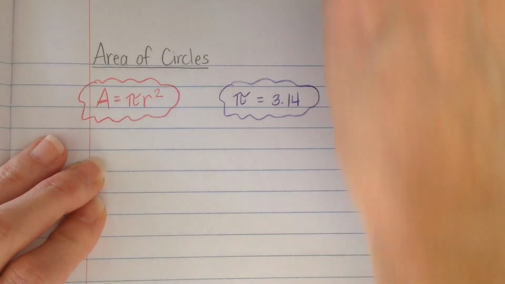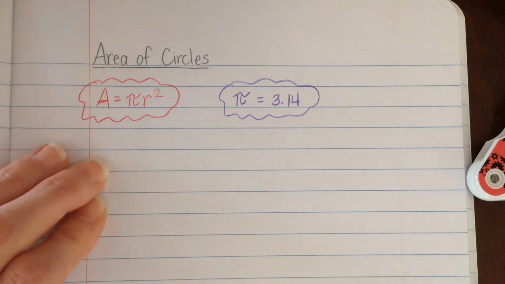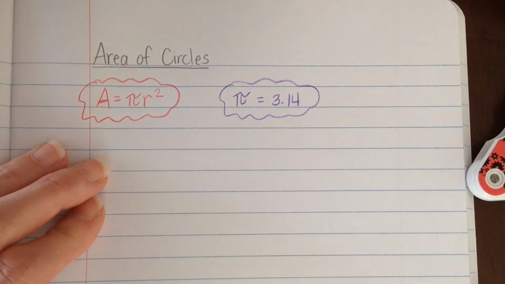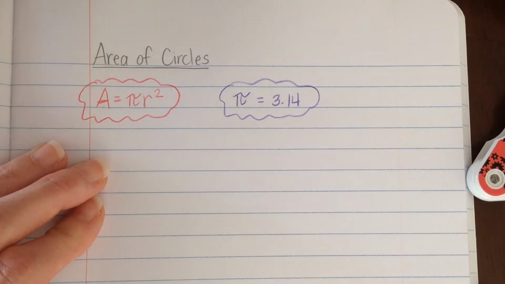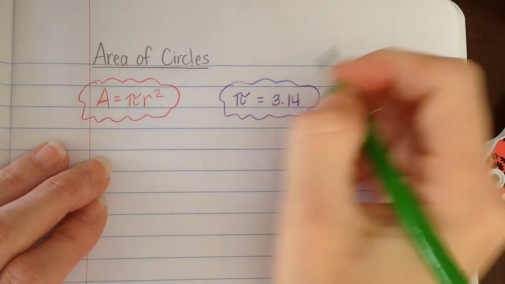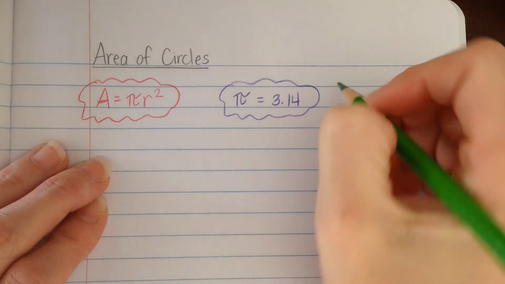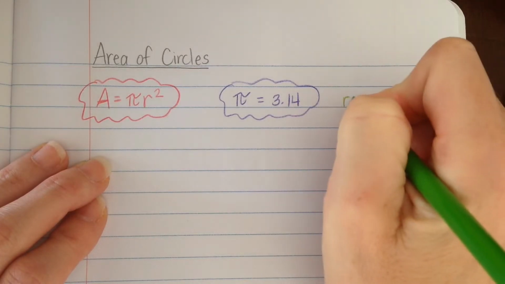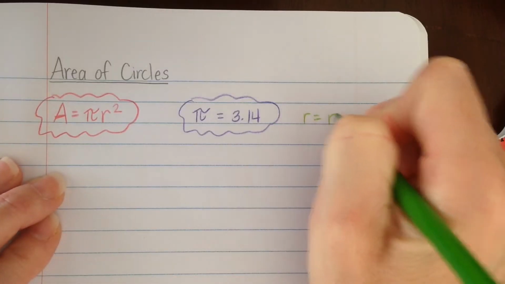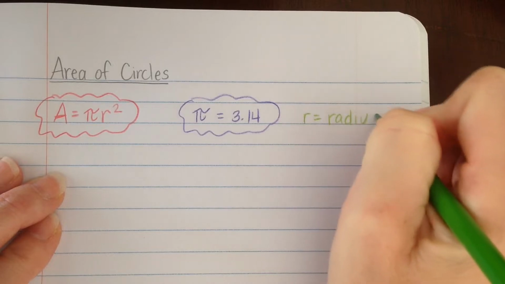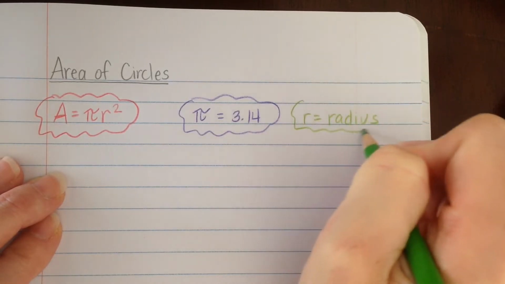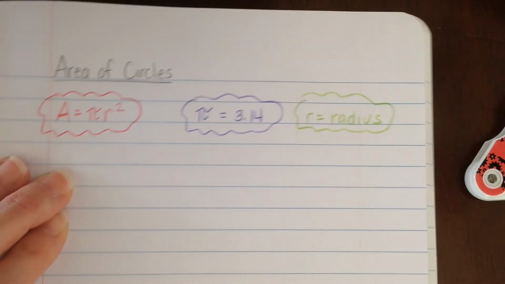And then r is the radius. The very first week that we were doing our work, you learned about the parts of a circle, and you should remember that r is the radius, which is half of the distance across a circle.